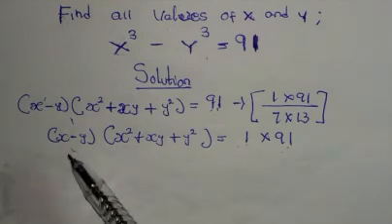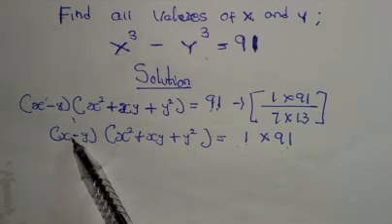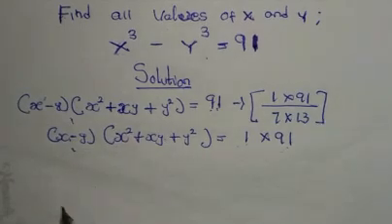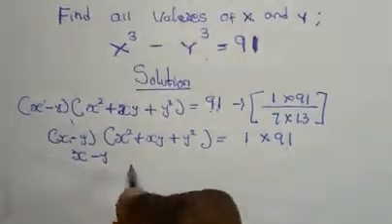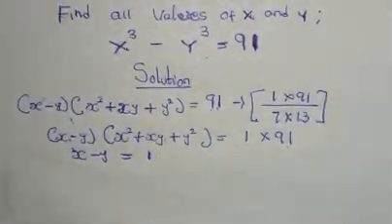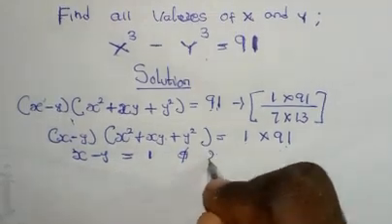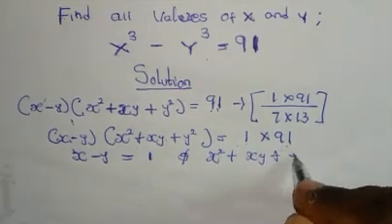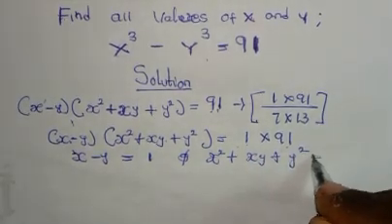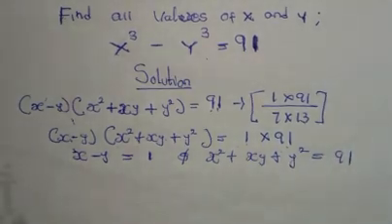We can all agree, without even solving, that x minus y is the smaller factor. So x minus y is equal to 1 and x squared plus xy plus y squared is equal to 91.